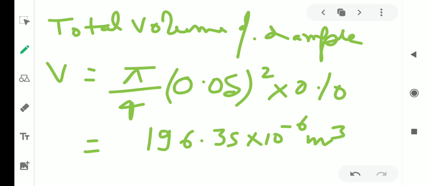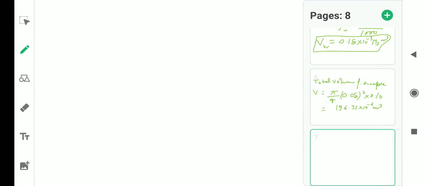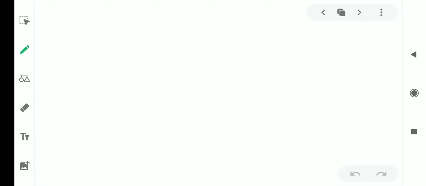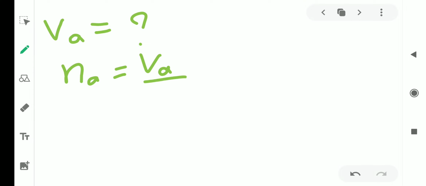Now what is volume of air? We know that percentage air void is equal to volume of air upon total volume.